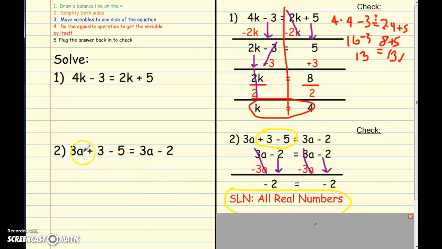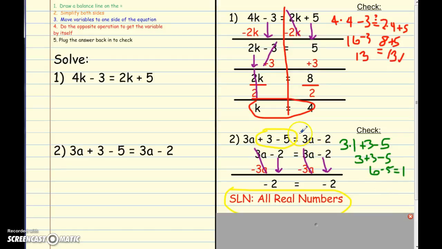So I'm just going to pick the number 1 to plug into this equation. Like I said, you can pick any number that you want. Just to double check, I'm going to do 3 times 1 plus 3 minus 5. 3 times 1 is 3, plus 3 is 6, minus 5 is 1.